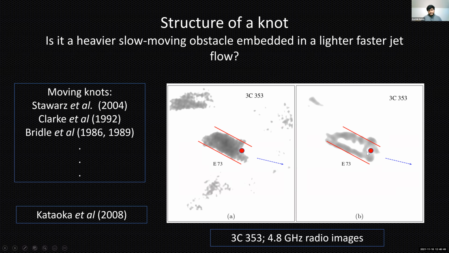So it is possible that this emission flows around the obstacle to produce some kind of shear boundary layer, or it's possible that there is already an existing boundary layer in the jet into which these accelerated particles diffuse. That will reduce the total size of the knot.